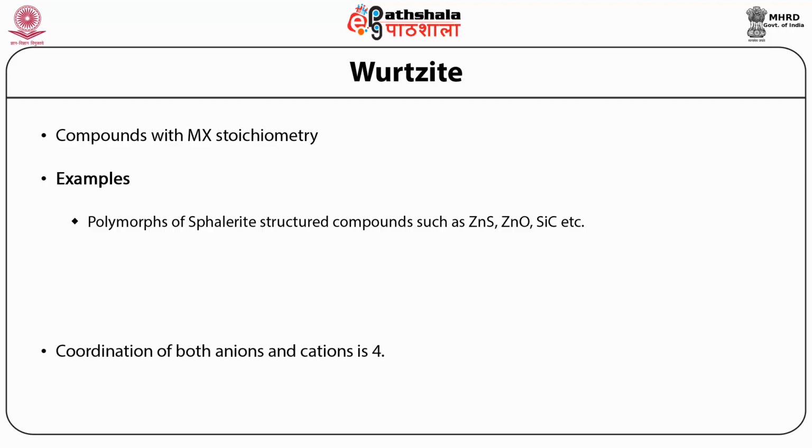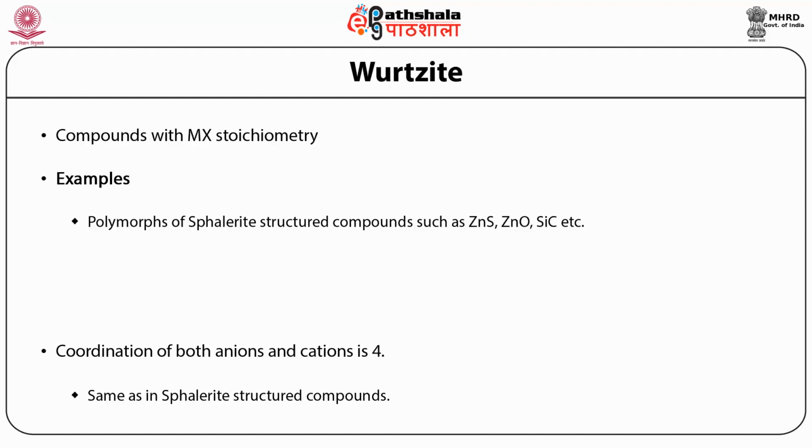The coordination number of both anions and cations is 4. This means that the coordination number of anions is 4, and for cations it is also 4. It is similar to that in sphalerite structure compounds.